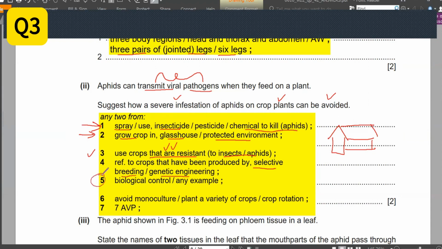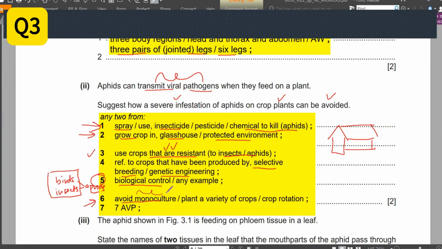Other methods, biological control. So for example, maybe we know some birds or other insects that feed on the aphids. So we can have these other predators in the environment to kill off the aphids. Another possible point, avoid monoculture.